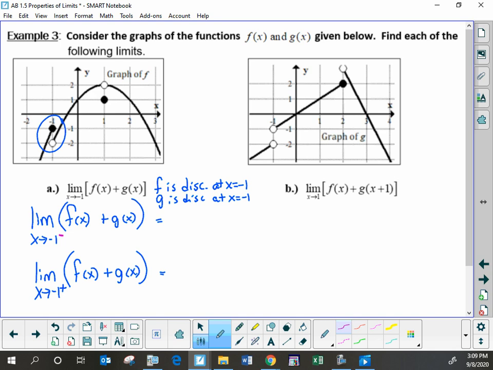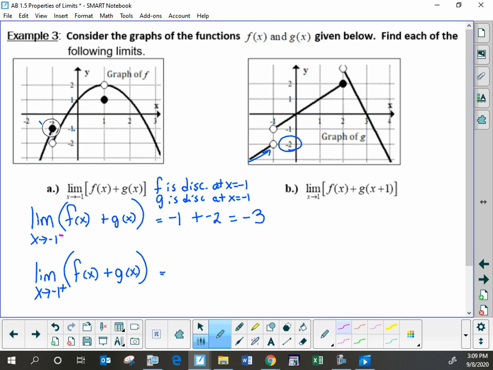Okay, so the left side of f would get us a height of -1, because if I'm coming into x equals -1 from the left, I get -1. G of x from the left side looks like it is a -2, giving us -3. All right, let's look from the right side.